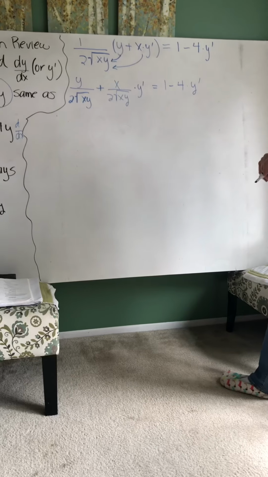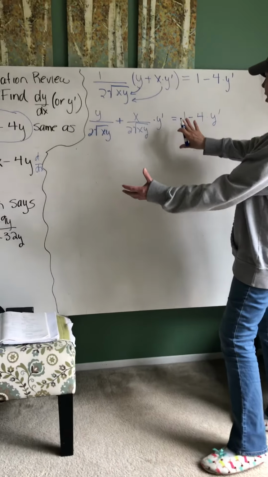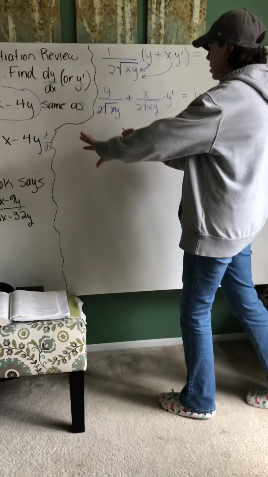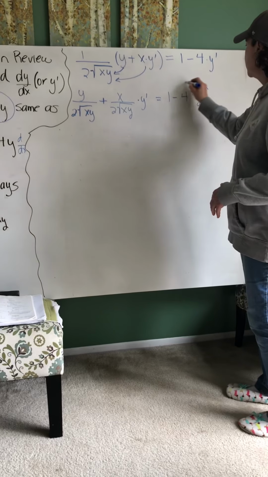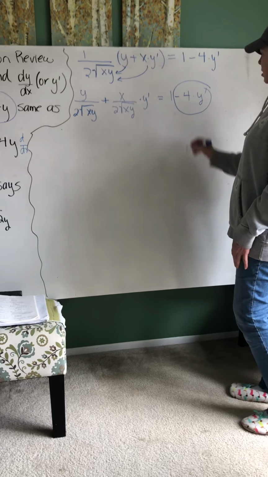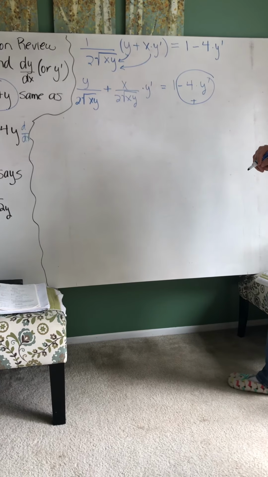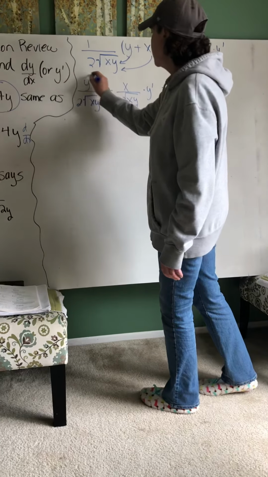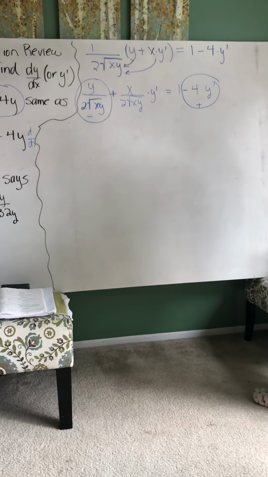Okay, so I am going to get my y primes to the left and anything without a y prime to the right. This means I'm going to add a negative 4y prime, and I am going to subtract this expression so that it is on the right. So here we go.